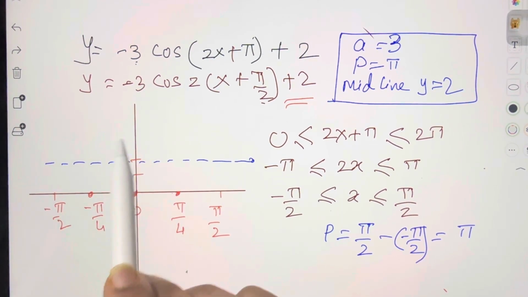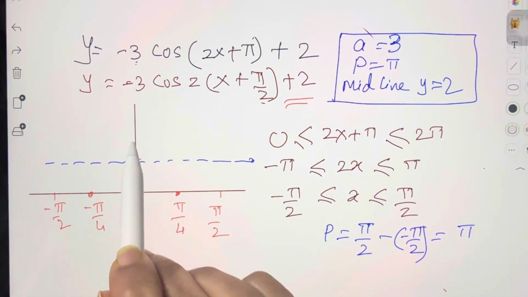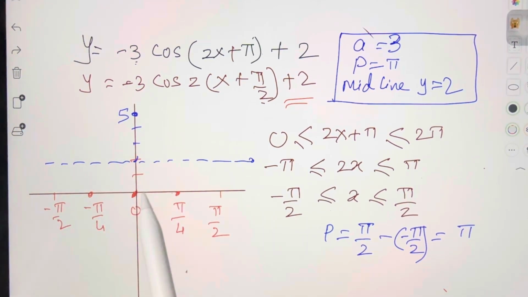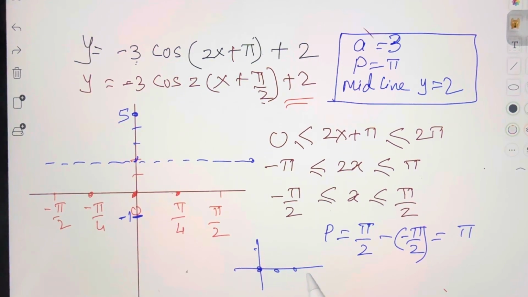Amplitude is 3. From this point go up by 3, 1 2 3, so it will be 5. And from that point, if you go down by 3, it will be negative 1. So you know the range of your graph, and you know the zeros of the cos graph. If there are 5 points, 1 2 3 4 5, the zeros are the second and the third point.